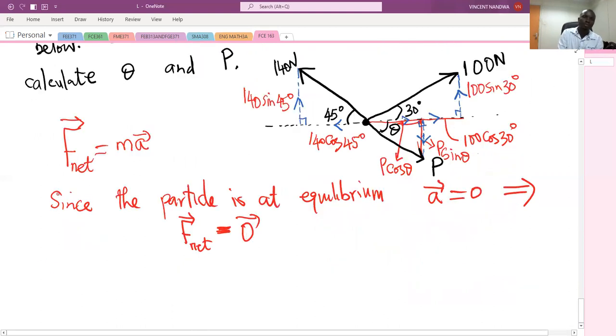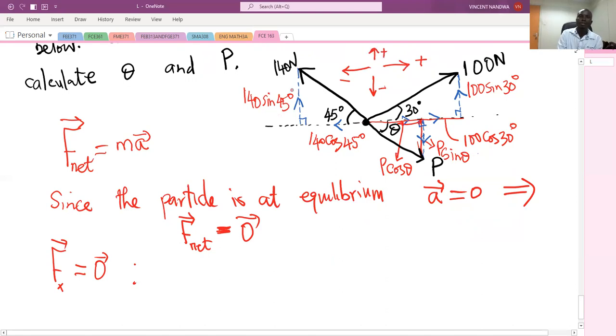So let's resolve the net force in the x direction. We take going to the right as positive, going to the left as negative, going down as negative, going up as positive.